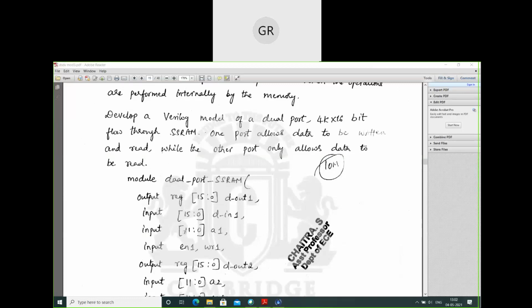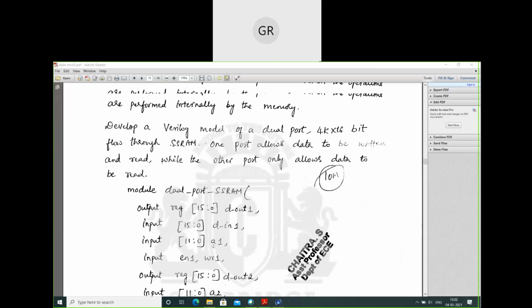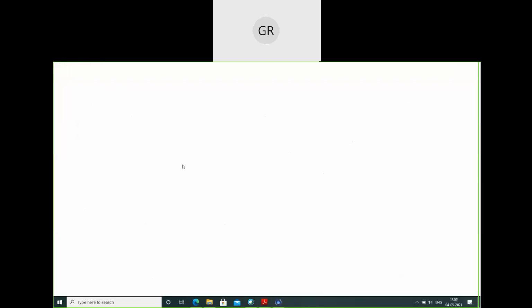That means 11 to 0 address lines A1, and enable 1 and WR1. These are the inputs. Just refer to this symbol.